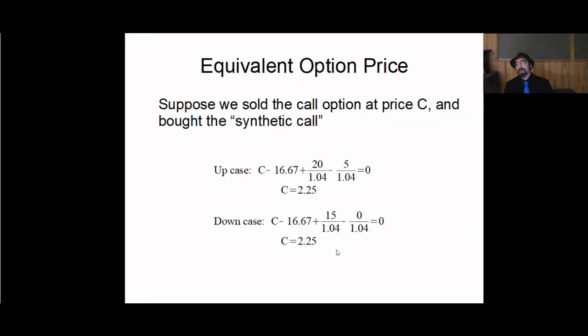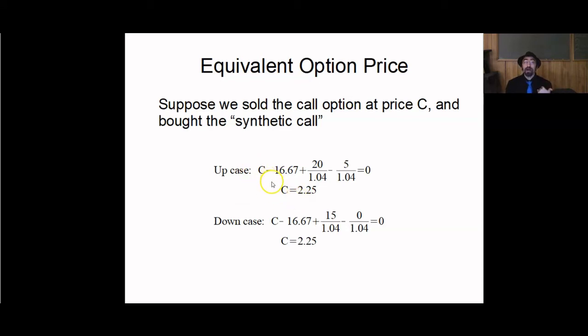So notice that regardless of whether the stock price goes up or down, that same call option price works. So that means, without actually factoring in the true probabilities, we never said 60% or 40% here, but in either case, you can cover your bases, and you'll notice if the call price were greater than $2.25, right?